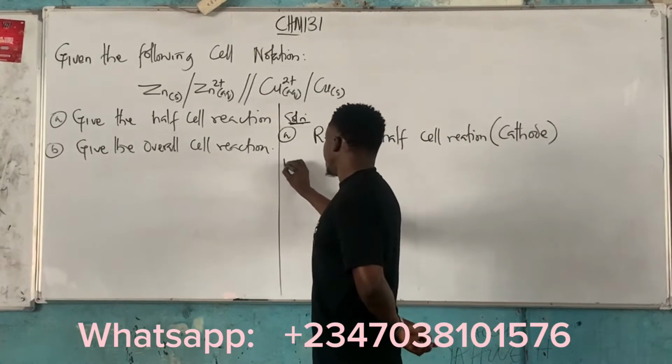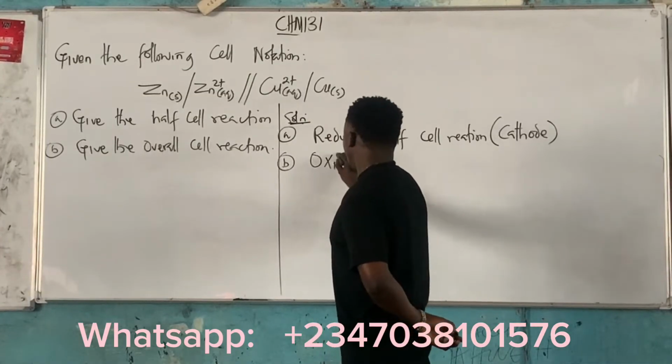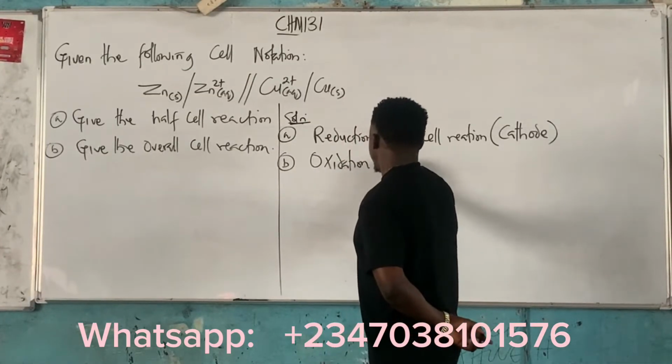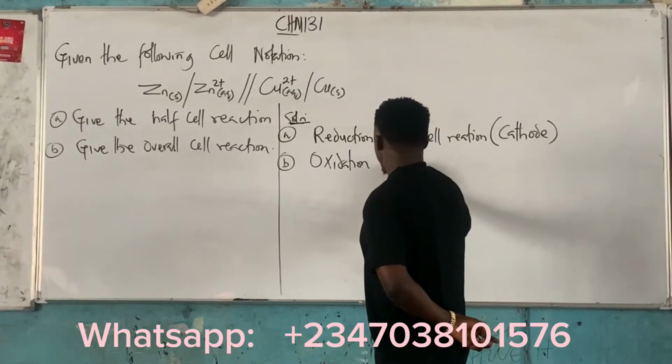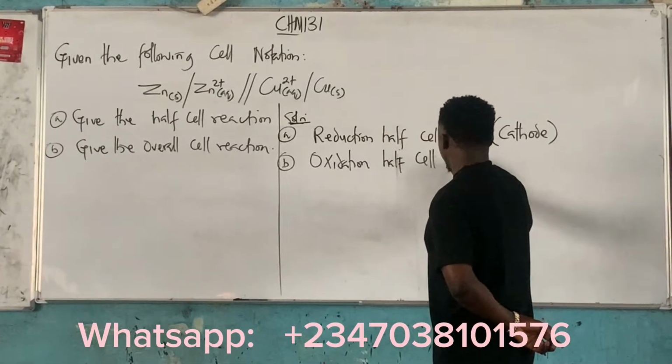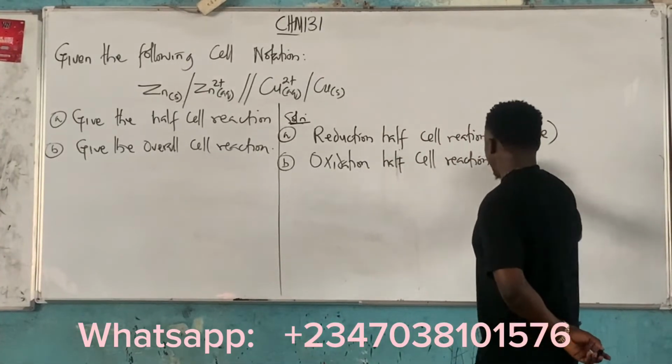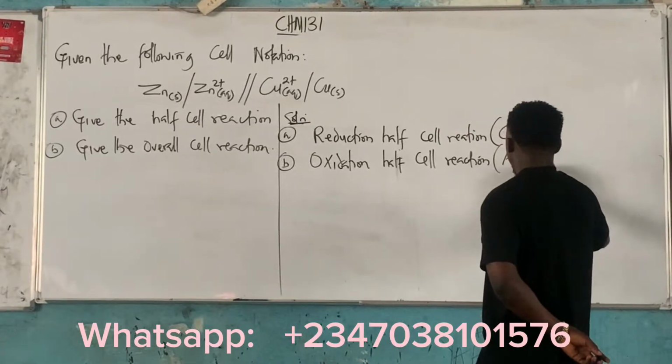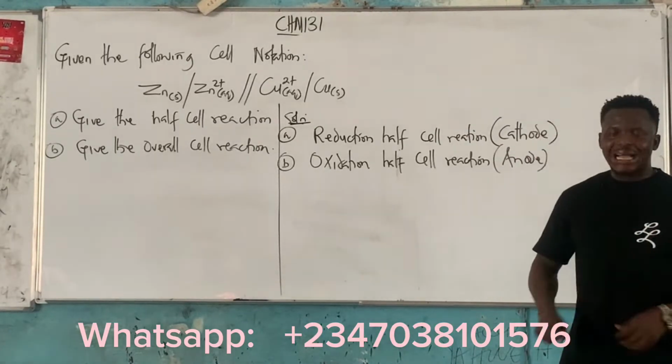And then we have B, the oxidation half cell reaction, the reaction that is always occurring at the anode.